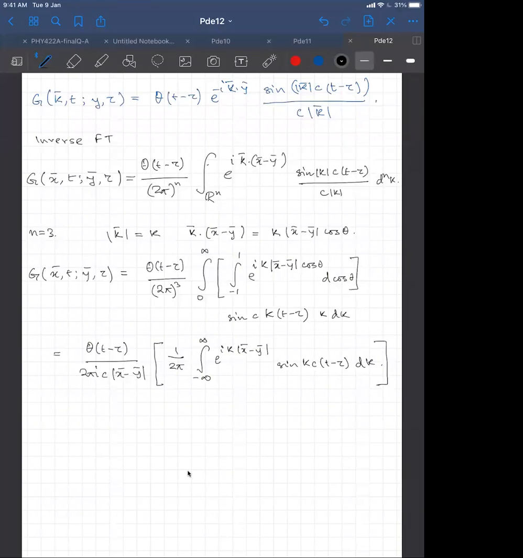So this is actually going to be the inverse Fourier transform of sine of c k (t minus tau).